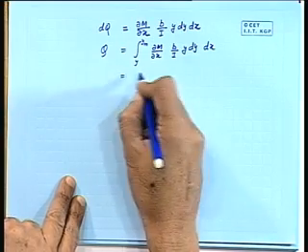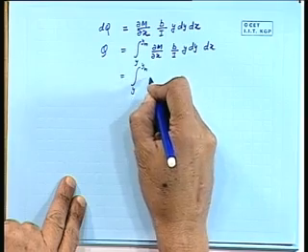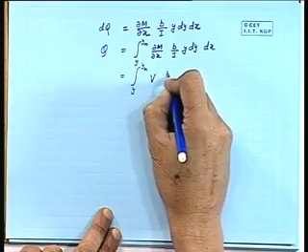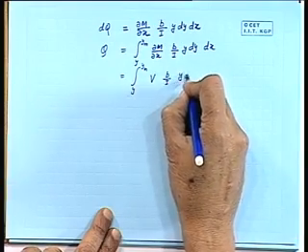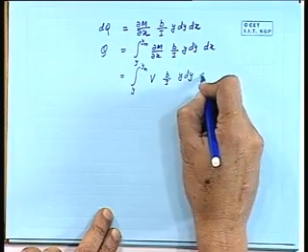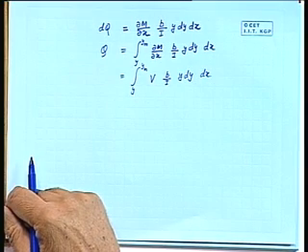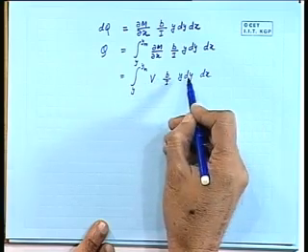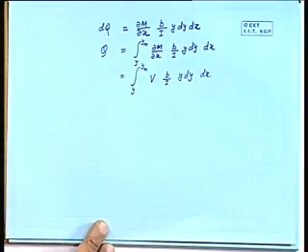So, let me write it, b by I I keep as it is, y dy dx. Okay. Now, what is b into dy? It is the elemental transverse area of that layer dy.